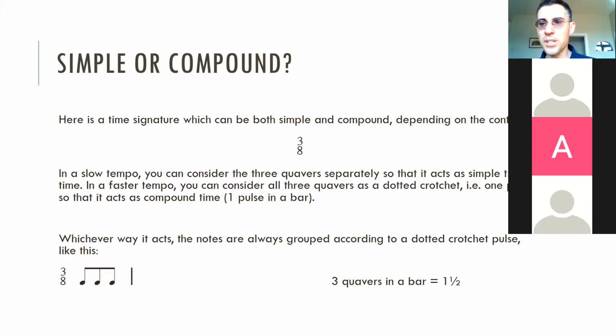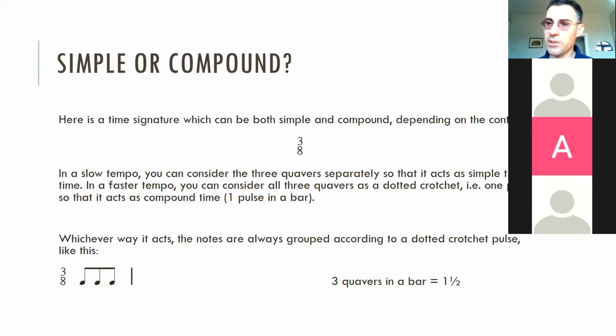So in a slow tempo, where the composer wants you to be able to hear 3 separate beats like this, 1, 2, 3, 1, 2, 3, if the time signature was 3/8 at this very slow tempo, that would be considered simple time because you can hear each of the beats separately.